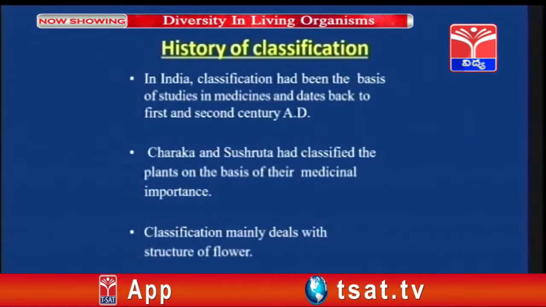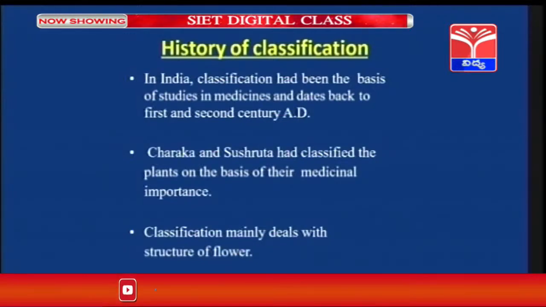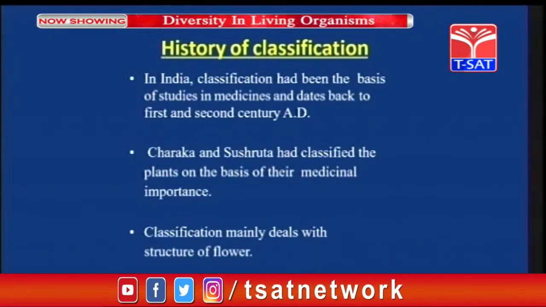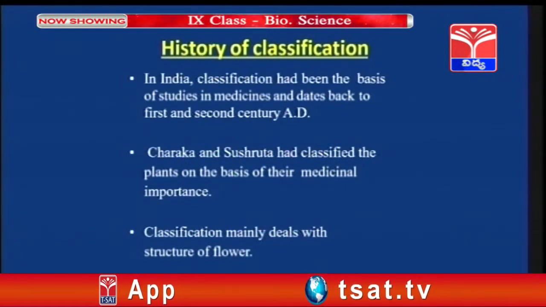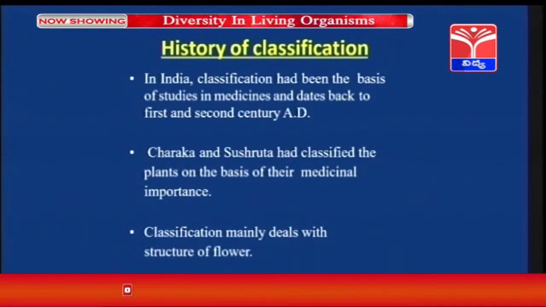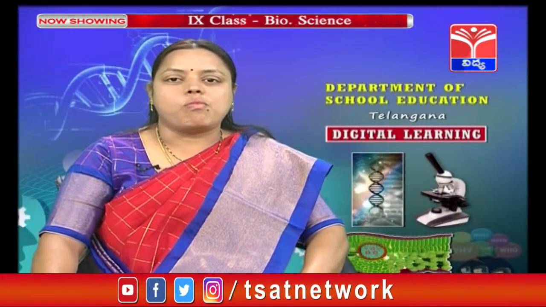In India, classification was started in the 1st and 2nd century AD, and the various scientists of that era like Charaka, Sushruta, Parasara did a lot of research in the field of classification and sciences. Classification mainly deals with the structure of the flower. Let us know how the classification is based on the structure of the flower.